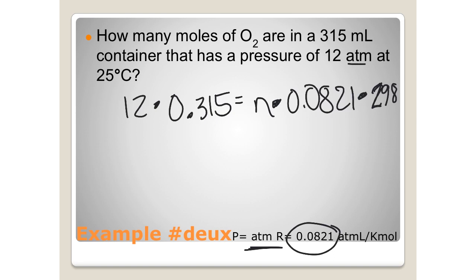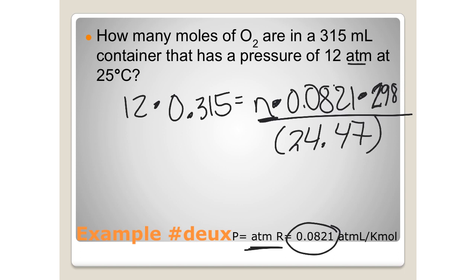And then our temperature we figured out was 298 K. Again, we're solving for N. So in order to do that, we have to divide both sides by 0.0821 times 298. I'm just going to go ahead and do the math on that to simplify it a little bit. If I multiply those two together, it's going to be the same thing as 24.47. All I did was multiply those two together. And what I do to one side, I need to do to the other side.